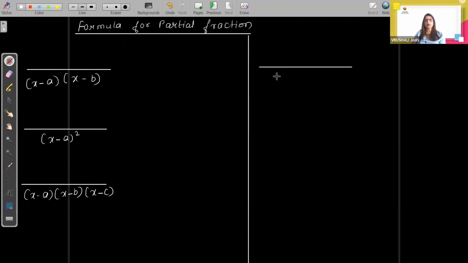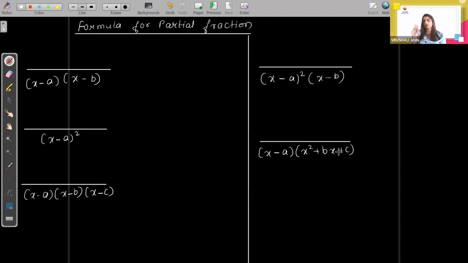So that will be a quadratic, which you can get by x minus a square into x minus b, right? And another way of getting a cubic equation can be x minus a into x square plus bx plus c.